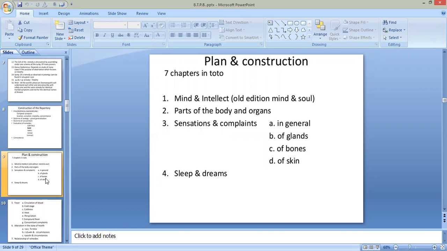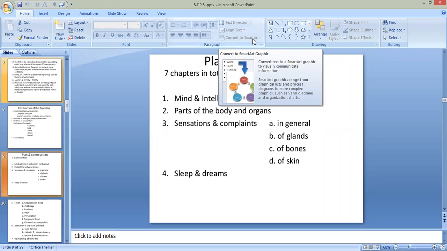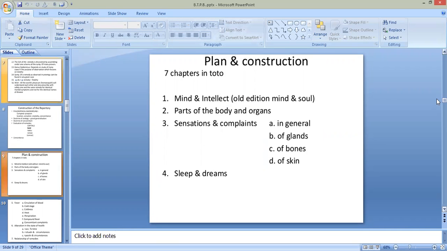Then the art of the physician in taking the case, the philosophical background, the construction of the repertory, limitations of repertory, then adaptability.